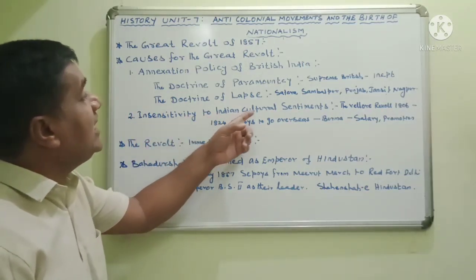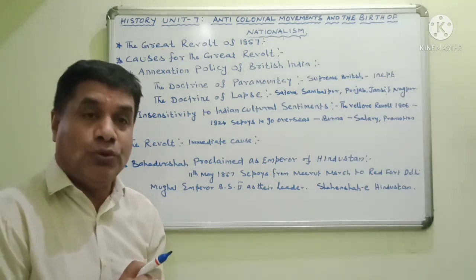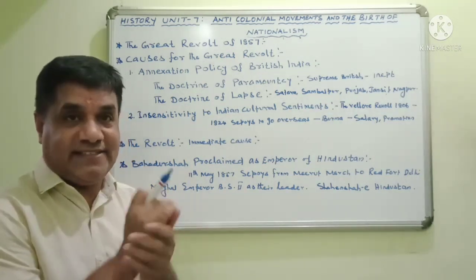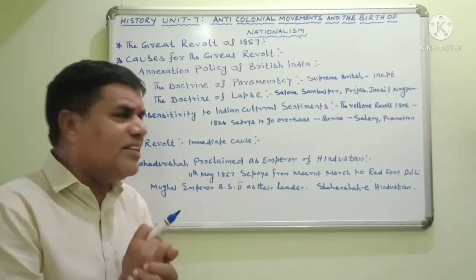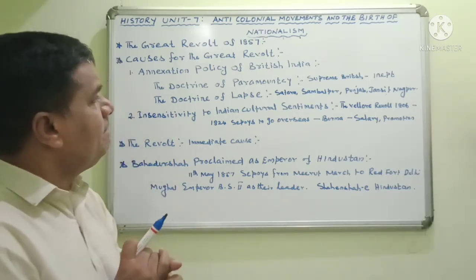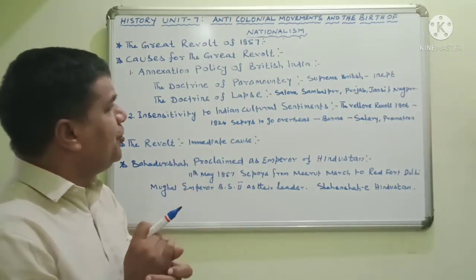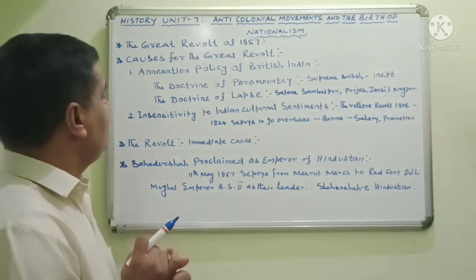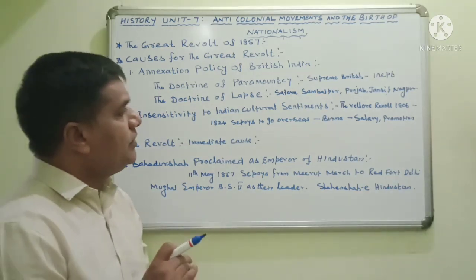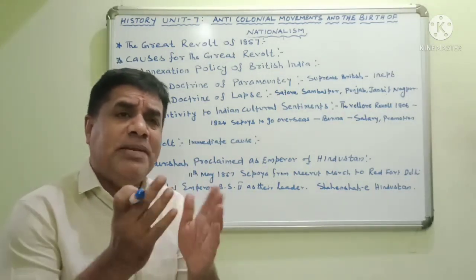Insensitivity to Indian cultural sentiments, or the Vellore revolt of 1806. The Vellore revolt started in 1806. What do you know about the main causes for the Vellore revolt, students? Listen carefully. The Britishers dominated the Indians.